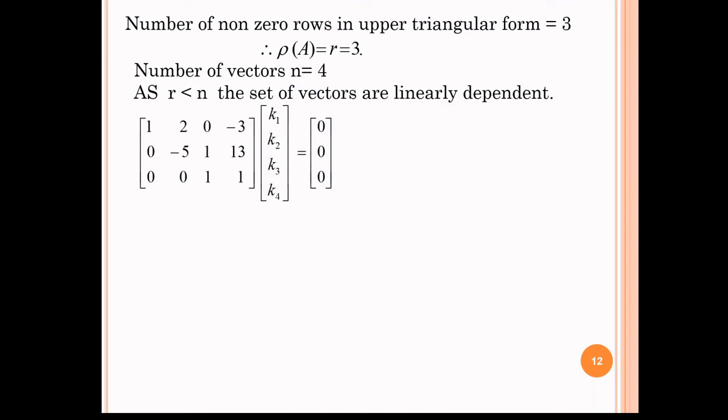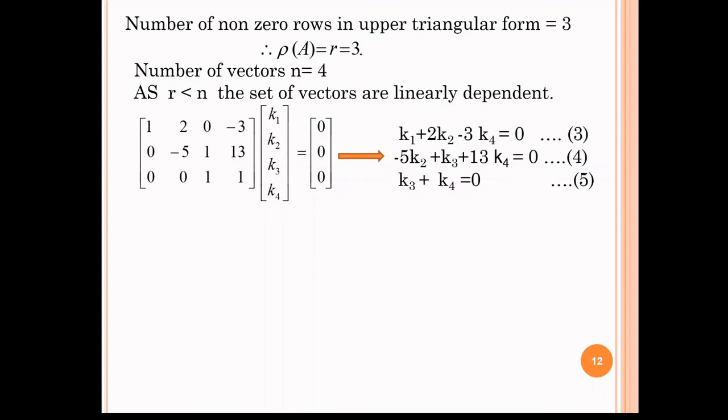Again using the transformed matrix to get the values of k1, k2, k3, k4. From the first row we get the expression k1 plus 2k2 minus 3k4 equal to 0. From the second row we get minus 5k2 plus k3 plus 13k4 equal to 0. From the last row we get k3 plus k4 equal to 0.